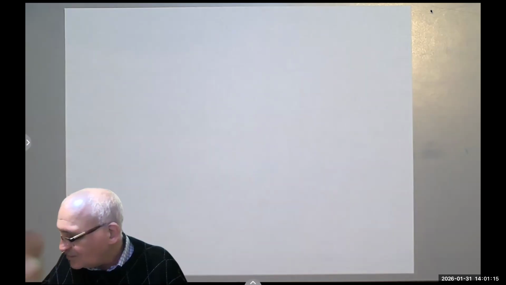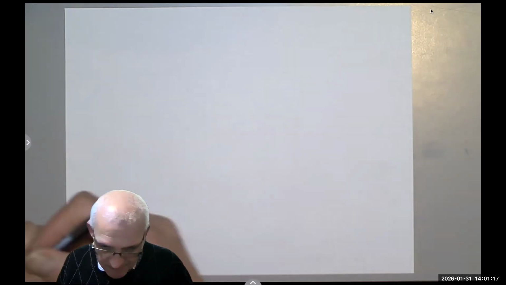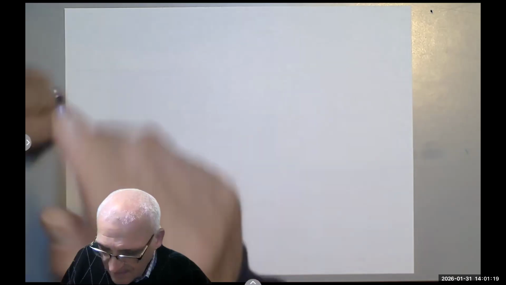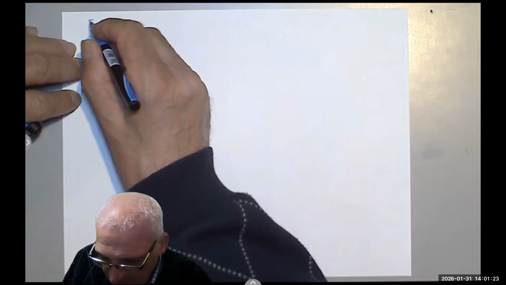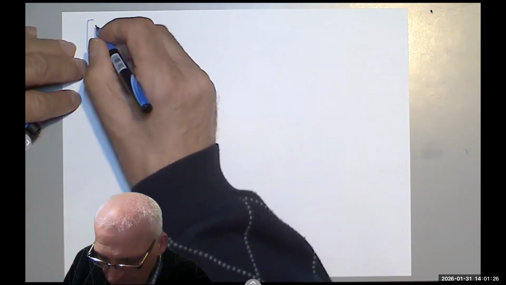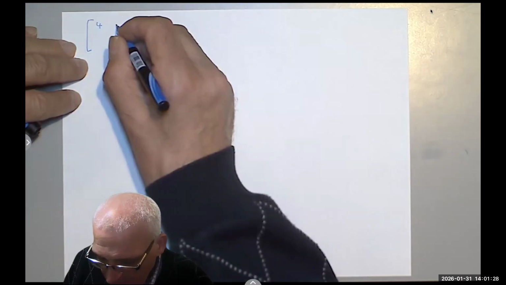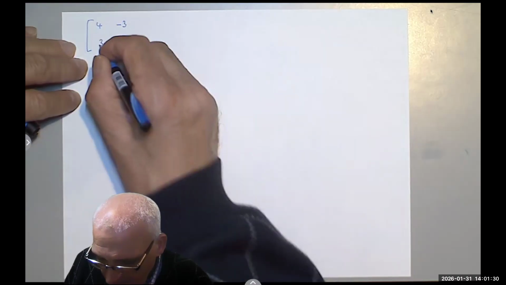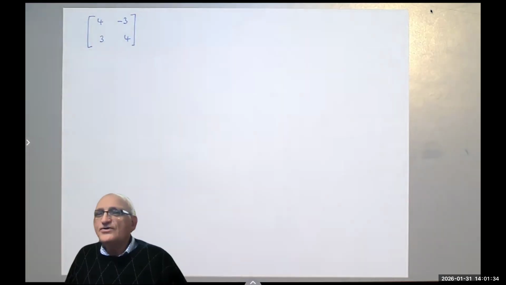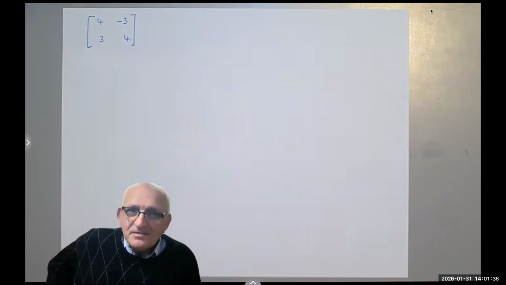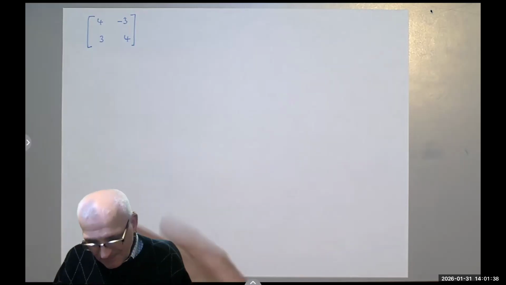Let me show you a matrix. I'll use numbers that make it easy. So I have a matrix here: 4, -3, 3, 4. This should remind you of something, but maybe we'll talk about it later today.